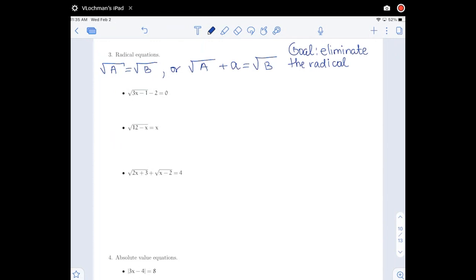If you have the first form, that's nice because you just square each side, and that's the basic methodology. We eliminate the radical by taking the square of each side of the equation. It gets a little more complicated as our problems get more involved, but the basic idea is the same.